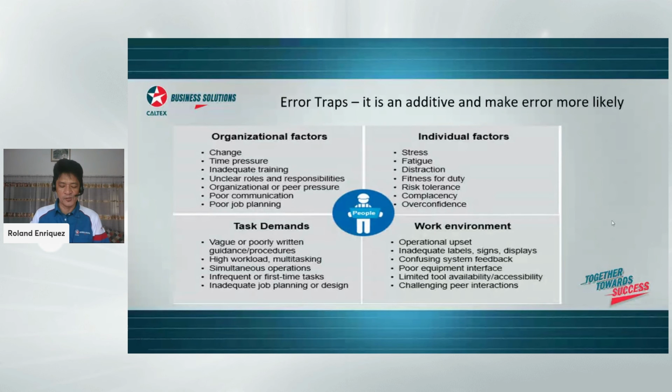Okay, so you put some pressure, you put a poorly written procedure, and then expect people to commit more mistakes. Okay, so these are error traps. These are the conditions. These are the things that we need to manage if you want to reduce or eliminate incidents. Then you need to be mindful of this.